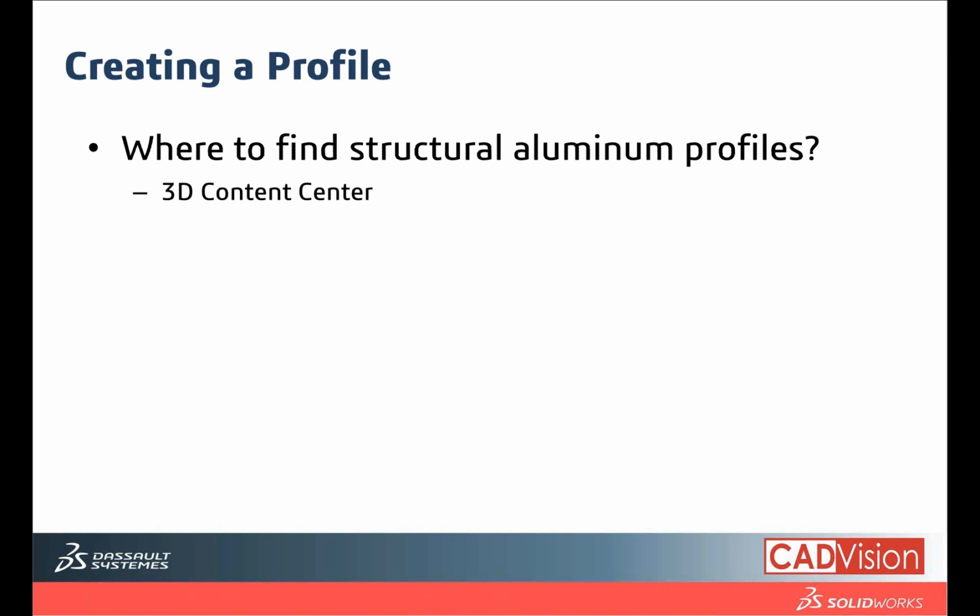You can always go to the 3D Content Central in the task pane on your right-hand side, and download all the standard profiles there. But aluminium profile is very unique and is not included in the SolidWorks standard profiles, though you can search for it in the supplier content in 3D Content Central.